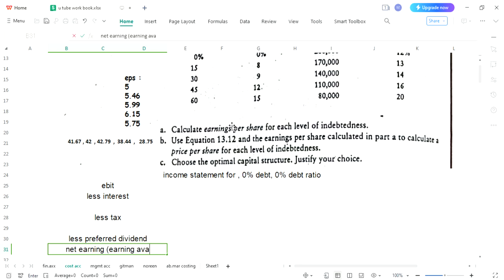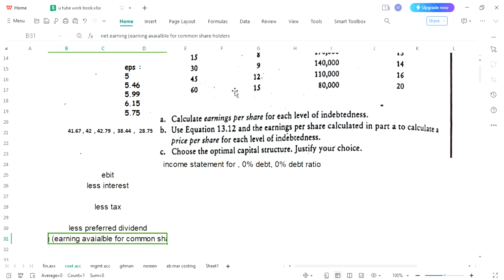Earning available for common shareholders. It's better to write everything instead of abbreviation, that is why I have used it. So, earning before interest and tax, and we need to manage it.